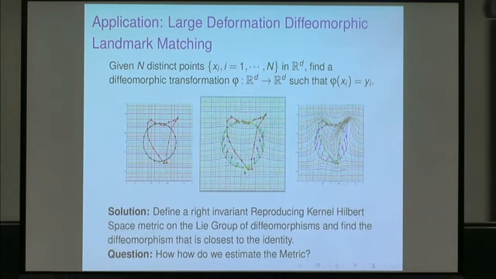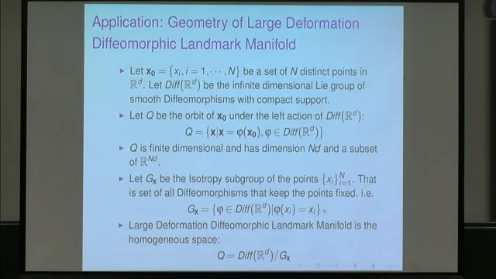So now we can directly apply our machinery. Assume we're given n distinct points in R^d, and let Diff(R^d) be the infinite dimensional Lie group of diffeomorphisms with compact support, and let Q be the orbit of X, some initial configuration of n points, under this diffeomorphism group. Then we are exactly in the same framework.